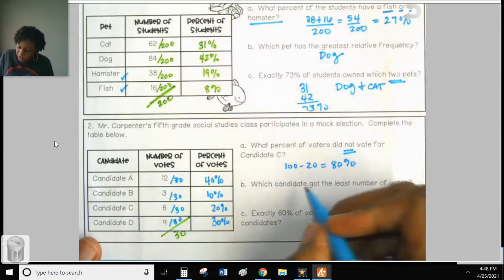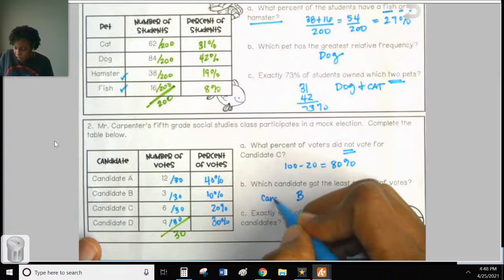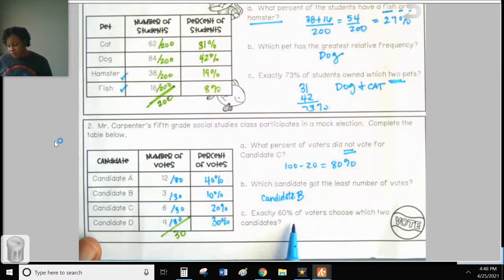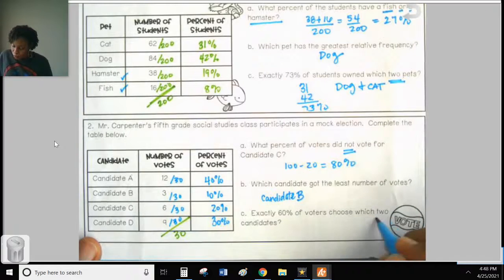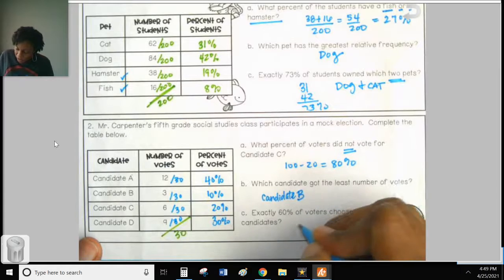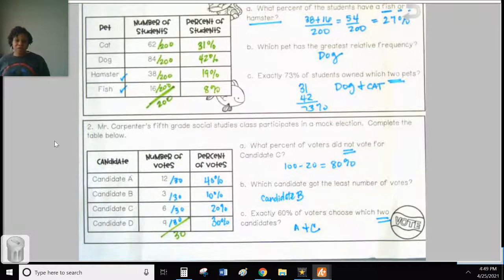So the person with the least number of votes would be candidate B. They got the smallest amount. Exactly 60% of voters chose which two candidates? So again, I'm looking for combinations. 40 plus 10, that's going to be 50, but I know 4 plus 2 is going to give me 60. So I'm going to go with candidate A and candidate C. They got 60% of the votes.